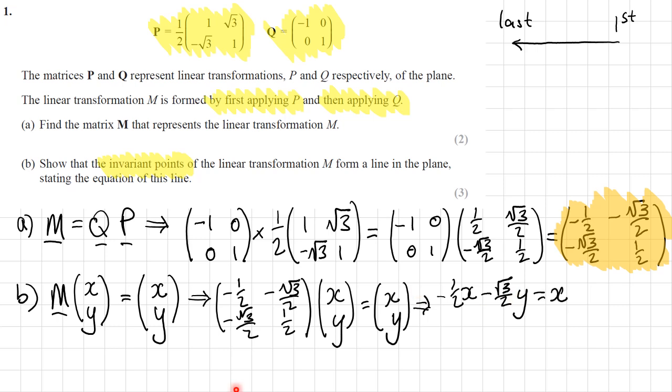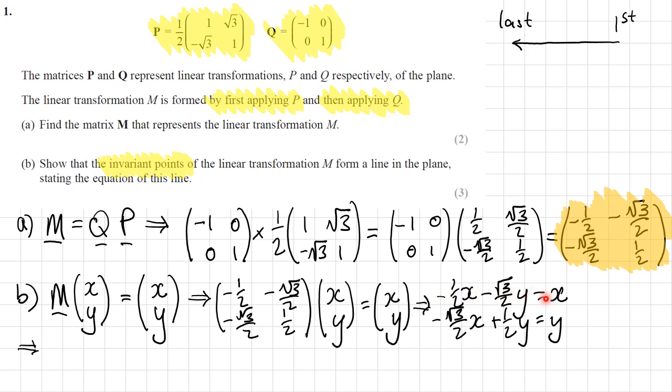Bottom row, we do the same thing. So negative root 3 over 2 X, then plus a half Y, is equal to Y. Now let's see what each row gives us.